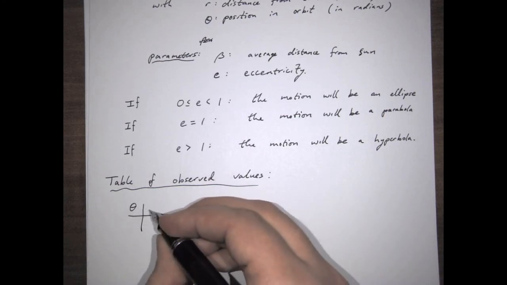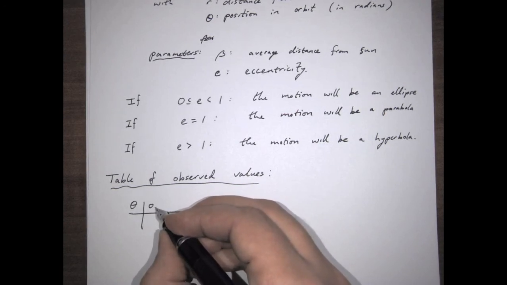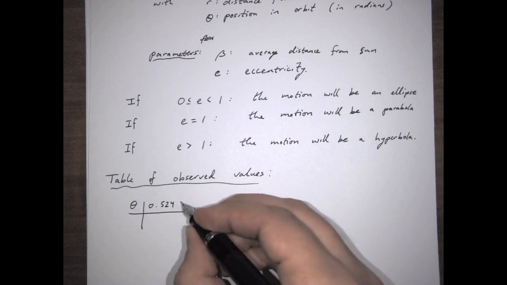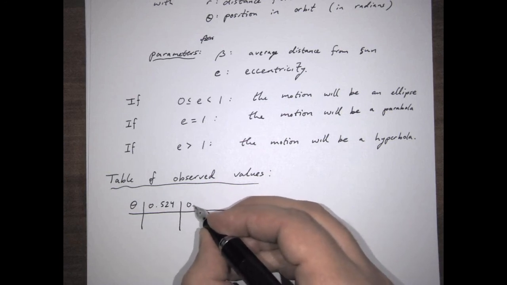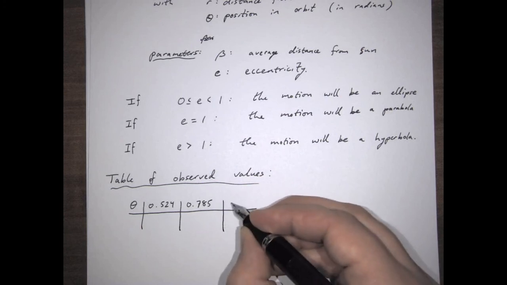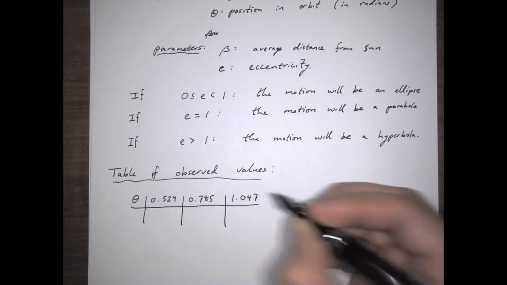You find the theta using all of your sophisticated equipment for measuring it relative to the sun. So say theta is 0.524, 0.785, and then 1.047.